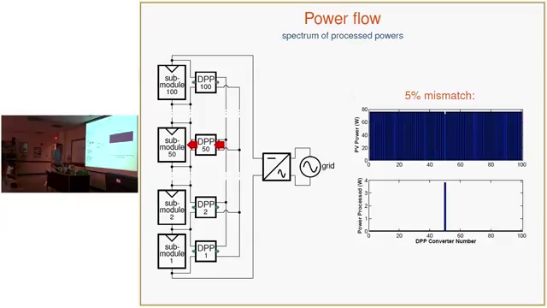That just shows that all of the evenly illuminated submodules are injecting a small amount of power onto the bus, and all of this small amount of power accumulates and is injected back to submodule 50 to compensate for it and operate it at its maximum power point. And this is for a 5% mismatch case.